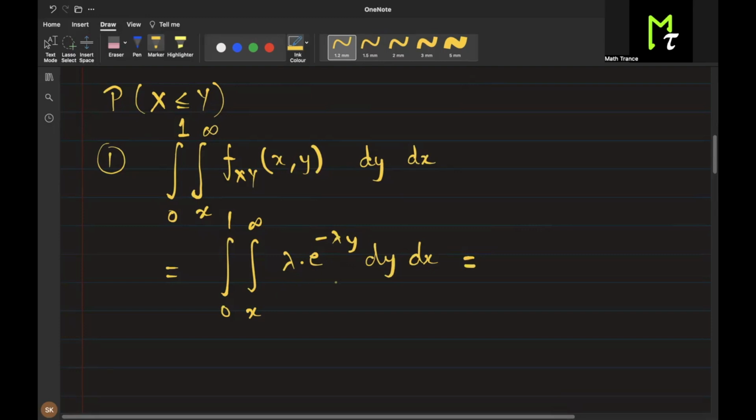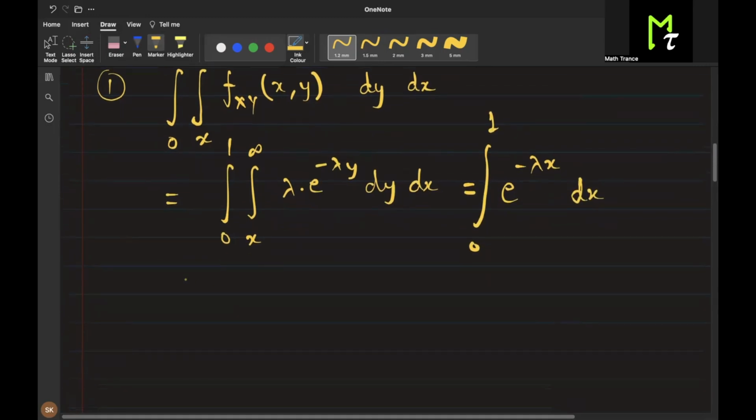One lambda will drop below, and that lambda and this lambda will get cancelled. And due to this minus sign, this x part will be the first one. So it will become minus lambda x. And now when you put y equals to infinity, and as lambda is positive, this will go to 0.